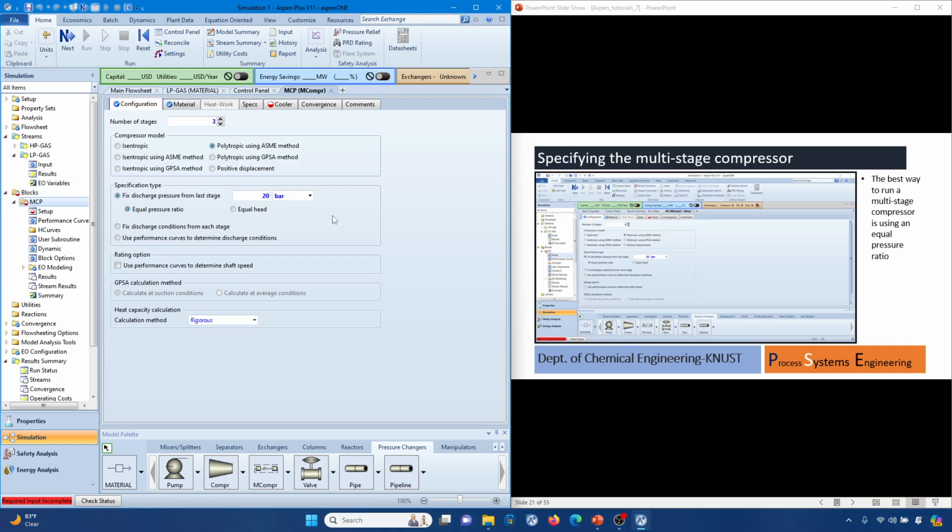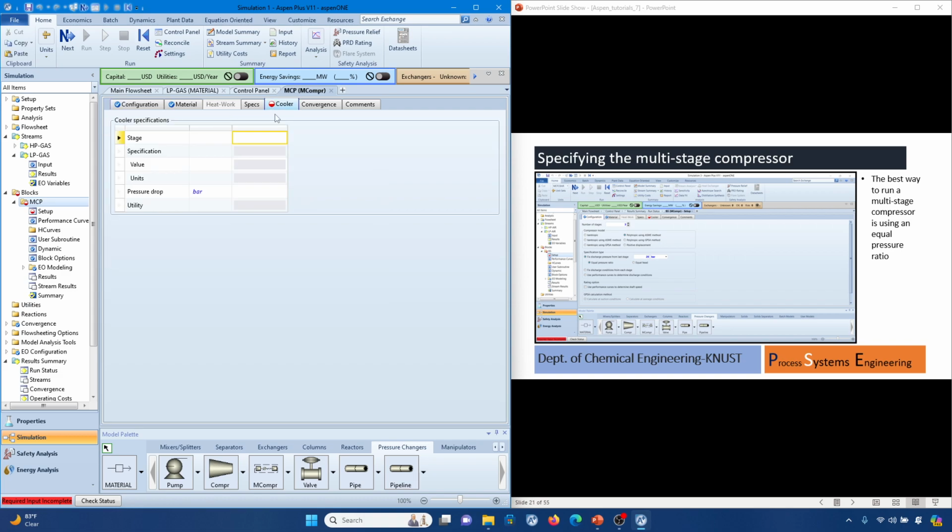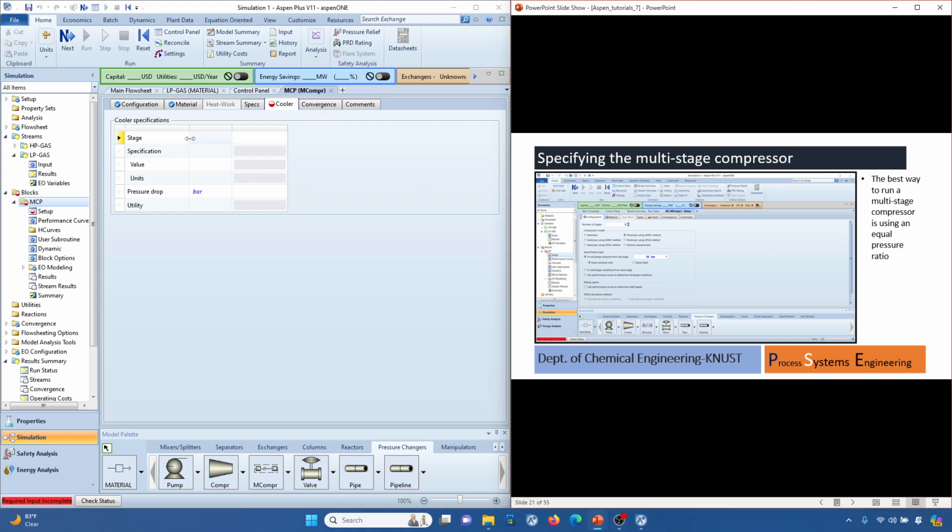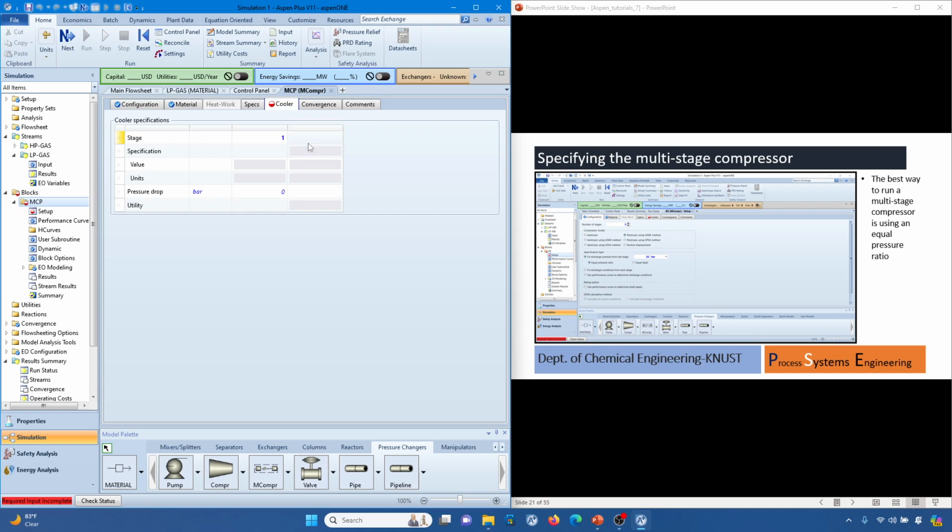If we go to the cooler specifications, remember it's multi-stage compression with interstage cooling. So we remove the heat generated to keep the temperature constant. We specify the outlet temperature and maintain it at the inlet point, at 25 degrees Celsius.